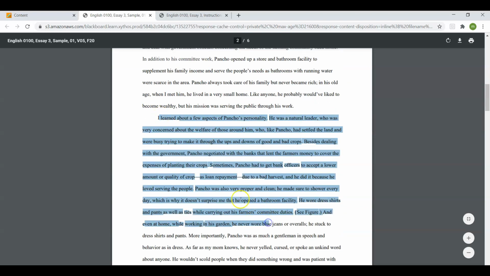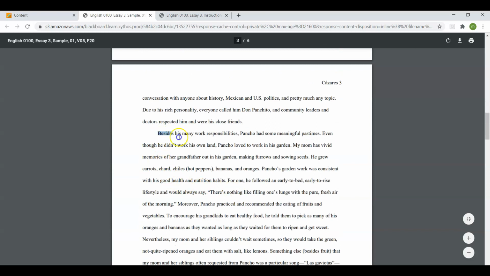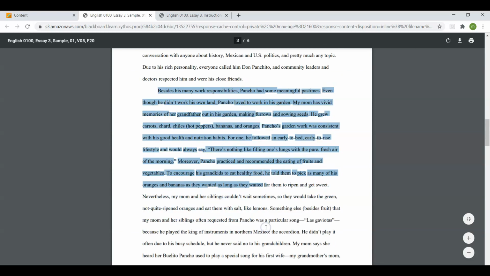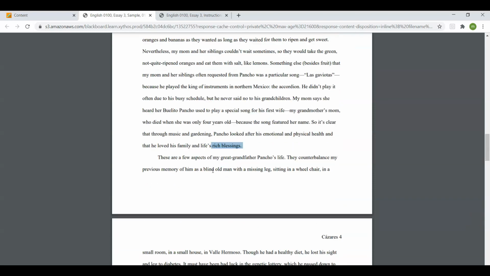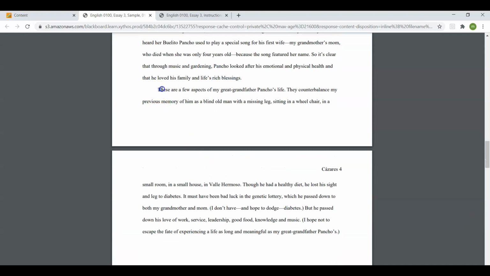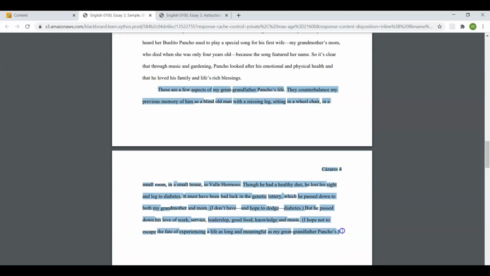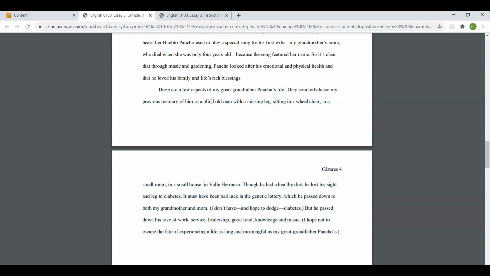Here's the beginning of body paragraph B, and here's the beginning of body paragraph C, and here's the end of it, right? So that's what journal assignment 13 is, JA13. This right here is the conclusion, which is not part of my journal assignment, but of course it has to be the ending, or the tail, of the essay, of this creature we call an essay.